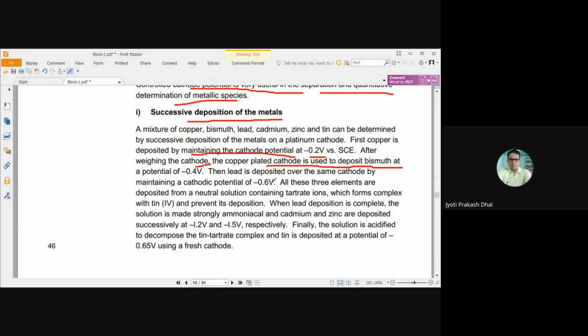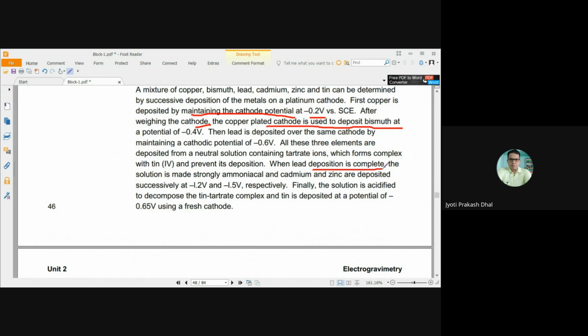All these three metals are deposited from a neutral solution containing tartrate ions which form a complex with tin 4 plus, and that prevents its deposition. So when these three metals are deposited, tin 4 plus cannot be deposited. When the lead deposition is complete, the solution is made more strongly ammoniacal, and cadmium and zinc are deposited successively at minus 1.2 volt and minus 1.5 volt respectively.